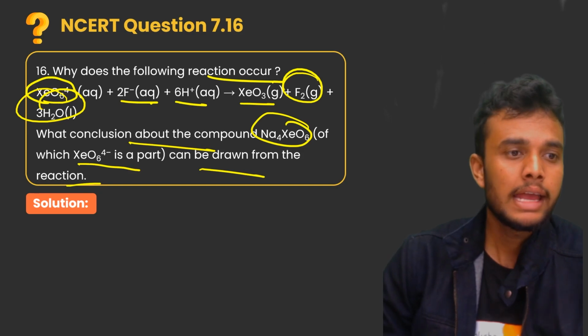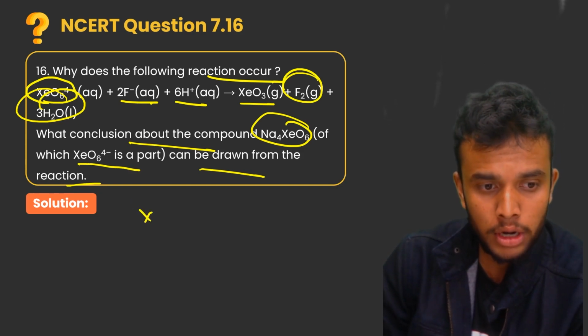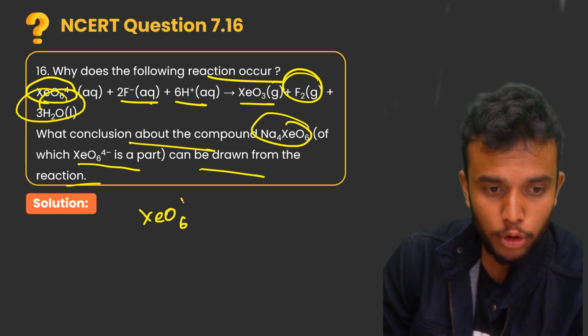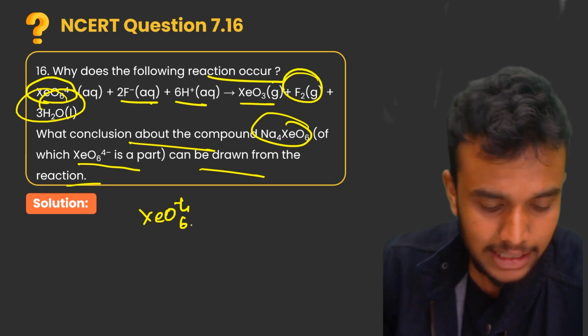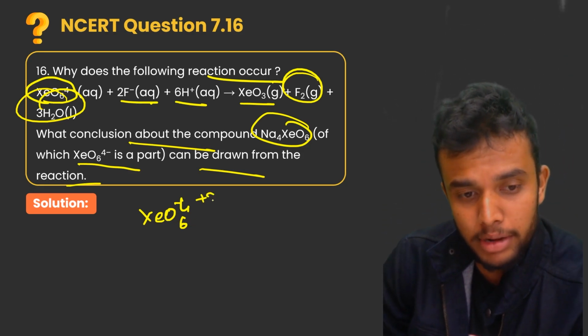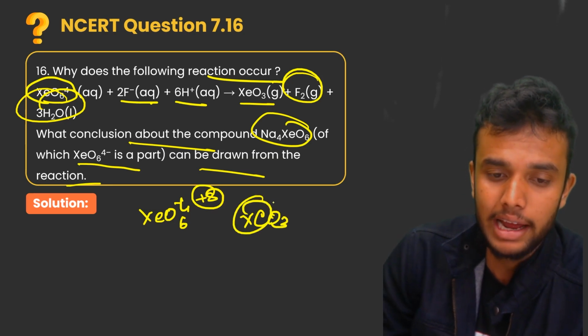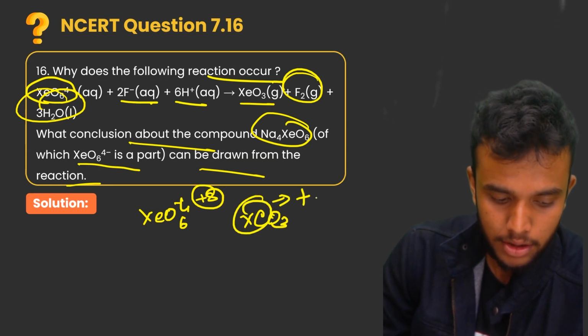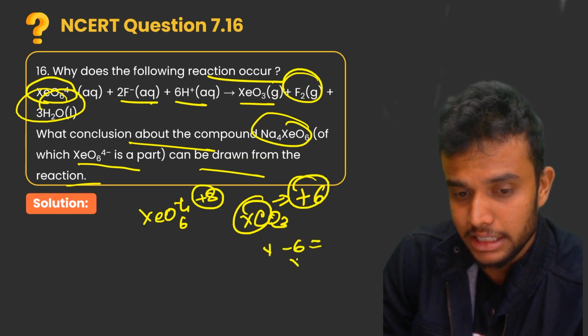Look here, students. Here, XeO6 4 minus. What is the oxidation number of Xe in this compound? It is reduced from +8 to XeO3, where the oxidation state of Xe is +6. Why? X minus 6 is nothing but X equals +6.